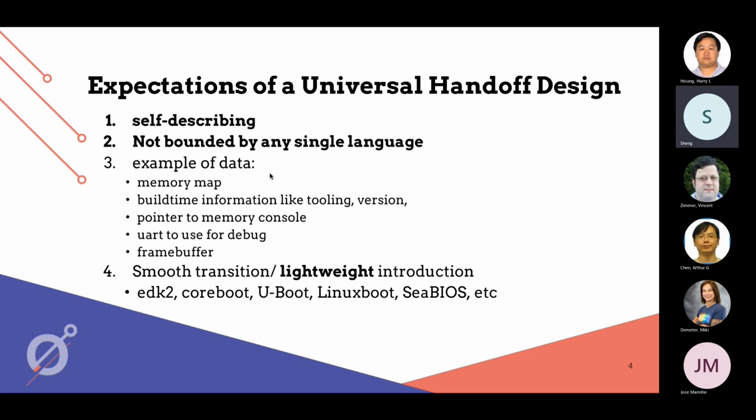Also, the data has to contain all the information that payloads require, which is obvious, like the memory map, build-time information, UART, and also the frame buffer, all these kinds of standard things that the payload requires to initialize properly, so it can initialize the OS as intended.